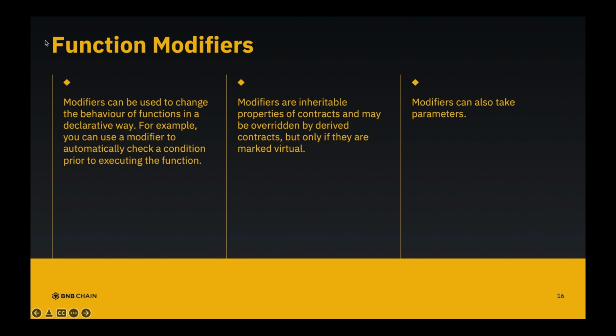Or you can say I'm going to run this function several times, so you can have a modifier like run 10 times. That means run the same function several times. Note that modifiers can also take parameters, and they are inheritable and may be overridden. We will talk about inheritance and override again when we talk about contract inheritance.